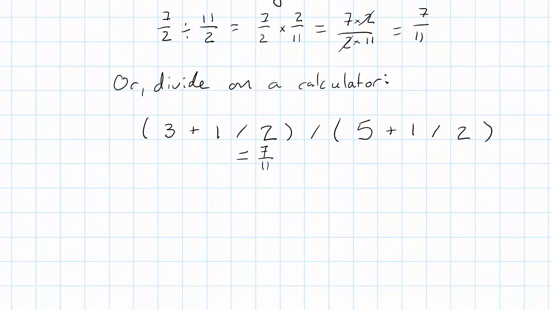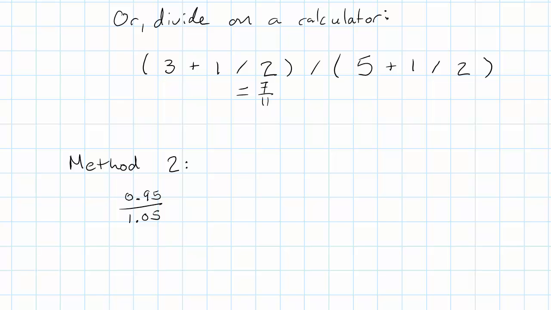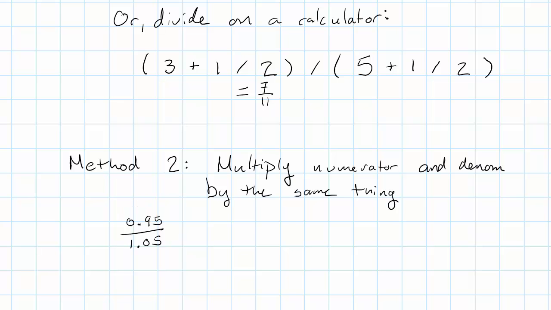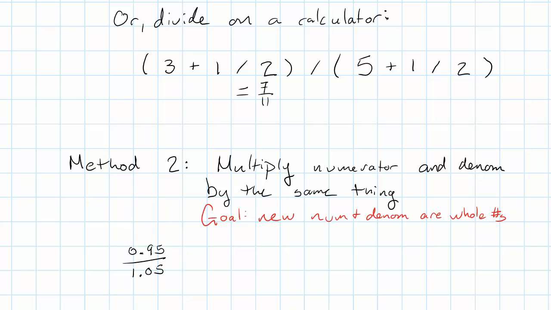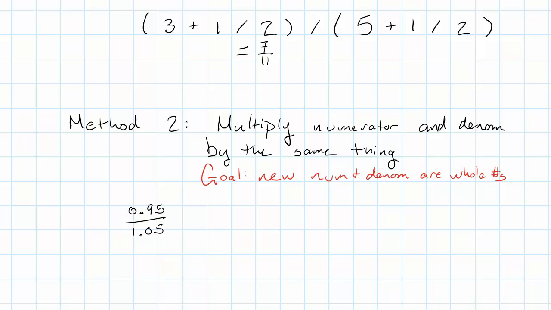The second method works most easily for decimals, and it consists of multiplying the numerator and denominator by the same thing. In the case of decimals, the thing that you want to multiply by is a power of 10, and your goal is that the numerator and denominator should be whole numbers. So in this case, both of these decimals go to the hundredths.